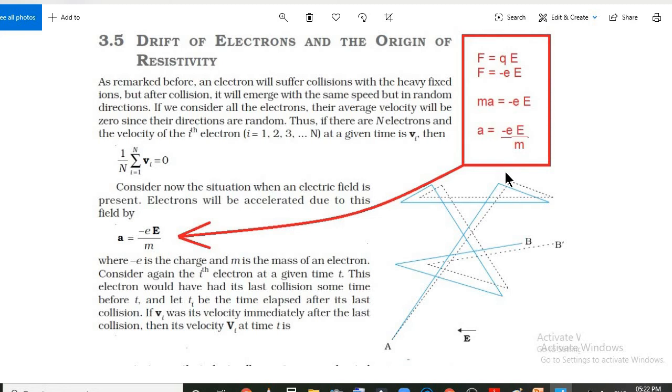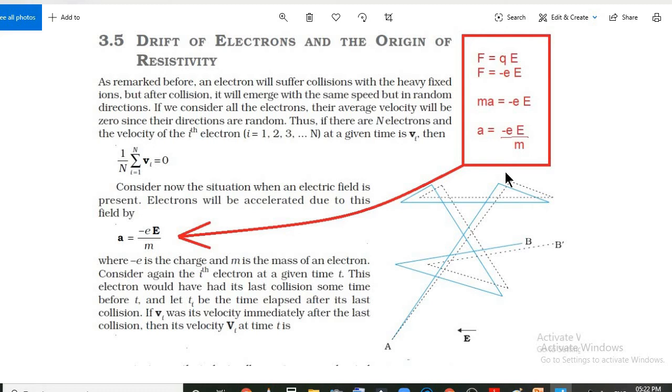So if one electron gets more time before the next collision, that electron is more lucky, because it will get more chance to increase its speed. Until the next collision, the electron has time to increase its speed. For such an electron, its final velocity is high. But for another electron, if its time interval between successive collisions is very small, it may not get sufficient time for increasing its velocity.